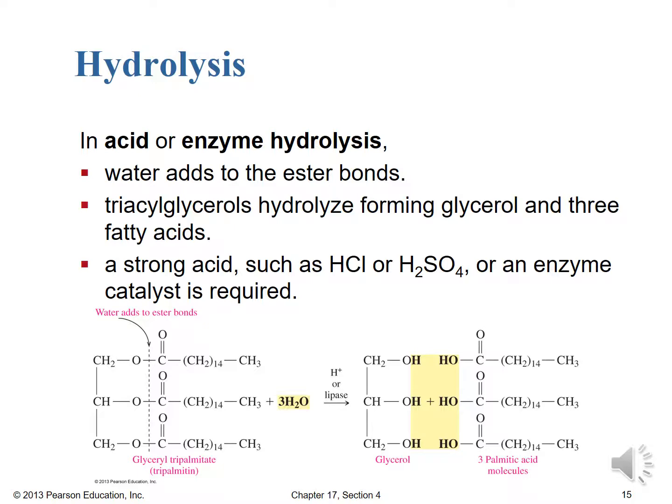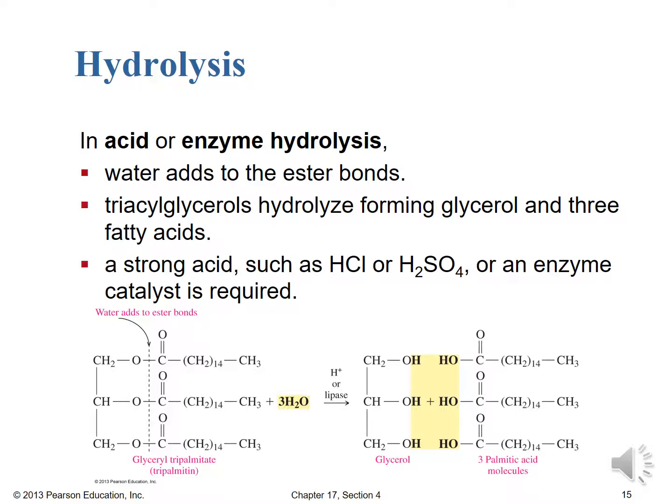And this is how in our human bodies we can use enzymes to break down the triglycerides into glycerol and the 3 fatty acid residues. So we see here the glycerol tripalmitate or tripalmitin plus 3 waters in either the presence of a strong acid like HCl or sulfuric acid, or the lipase that would do this all bio-friendly can reform the glycerol and the 3 fatty acid residues.